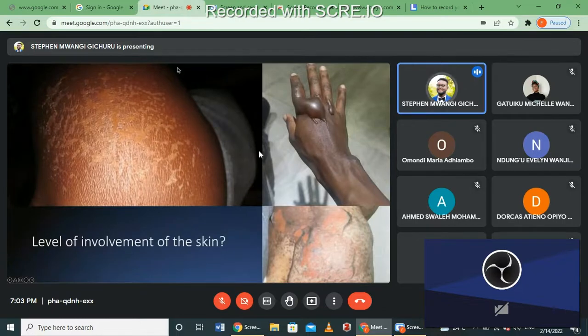All right. And then for deep partial thickness, usually after 3 weeks it will heal, but you might have to do some surgical intervention. For the full thickness, it will rarely heal on its own. So you have to do something, either put a graft, or try something surgically to help with the healing.